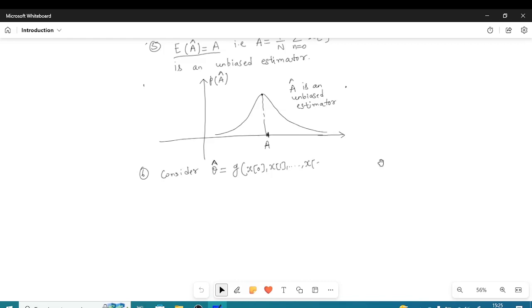Okay, so we can write the average value of theta hat as the integral of the estimator function multiplied with the probability density function of the observations parameterized by the unknown parameter theta, integrated over all the observations.